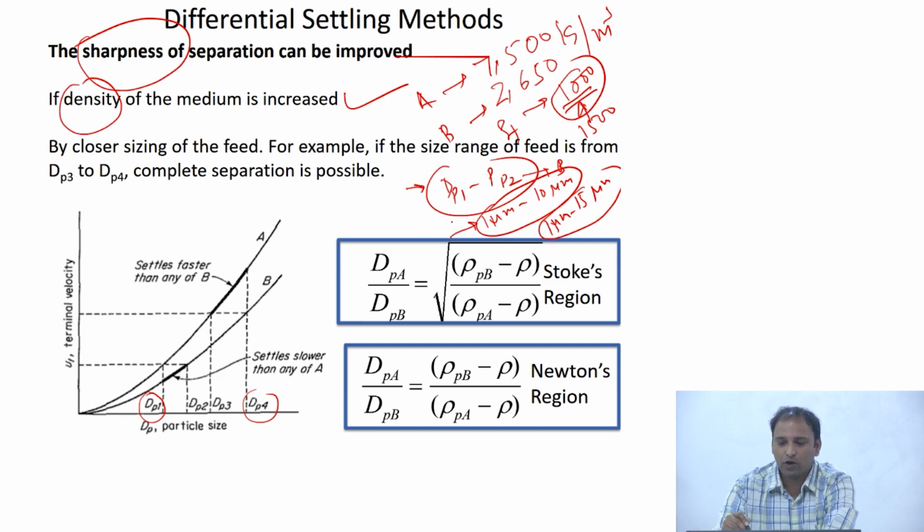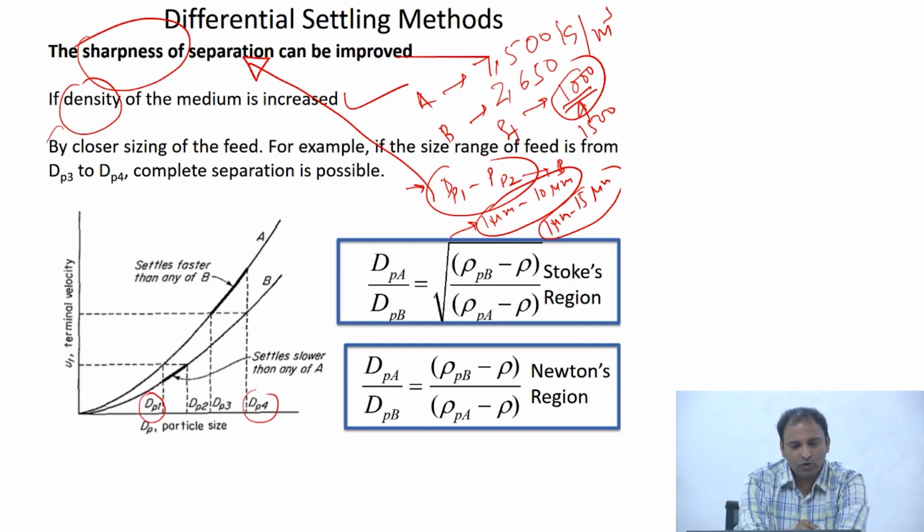It's equivalent to saying that the sharpness of separation is actually increased. So one of the ways of increasing the sharpness of separation is by increasing the density of the medium that you're using.